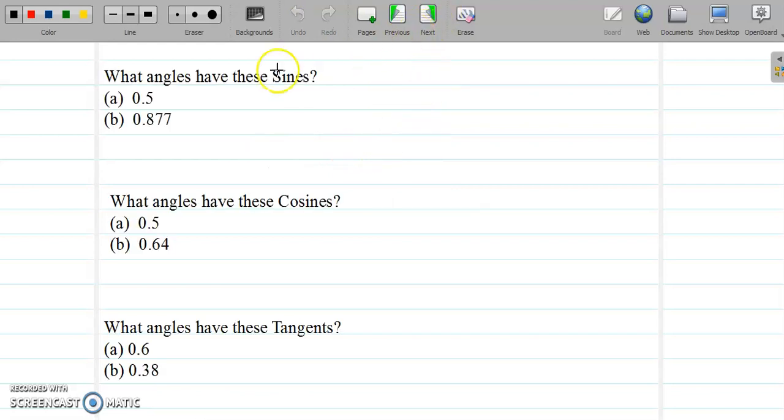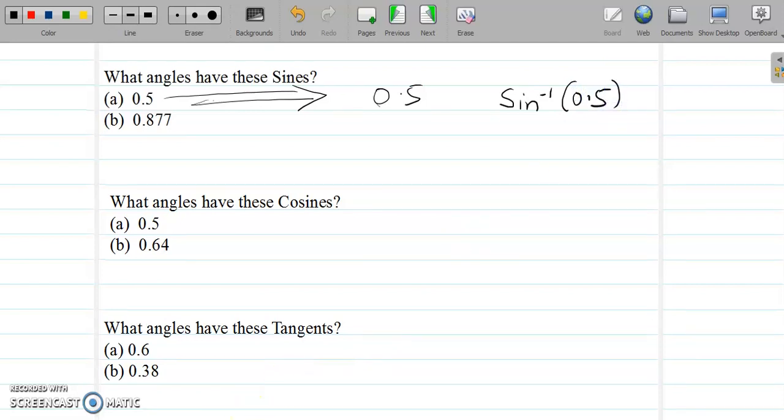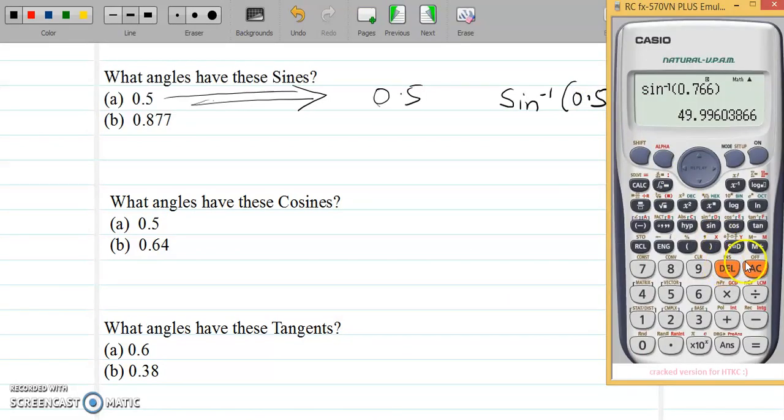Now let's look at this question. It says, what angles have these sines? In this first one, 0.5. What angle has this sine? What I'm going to do is to find the inverse, the sine inverse of 0.5.